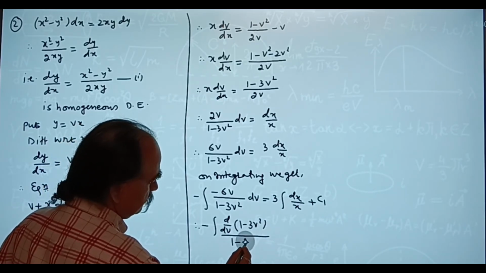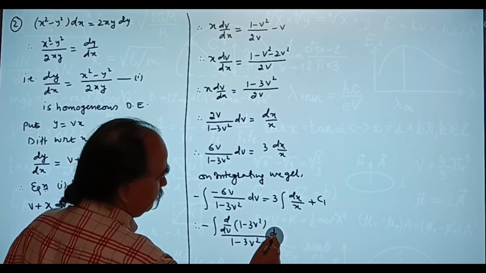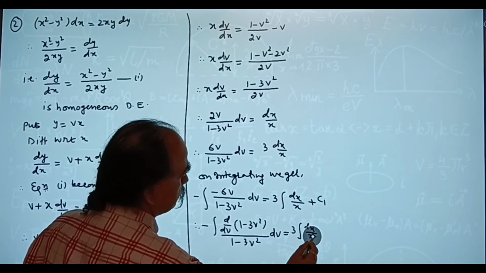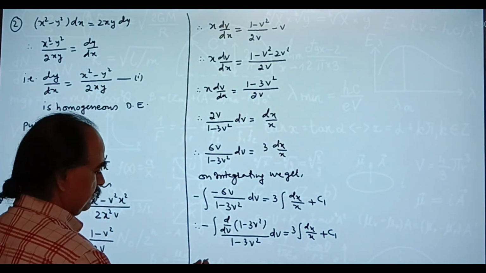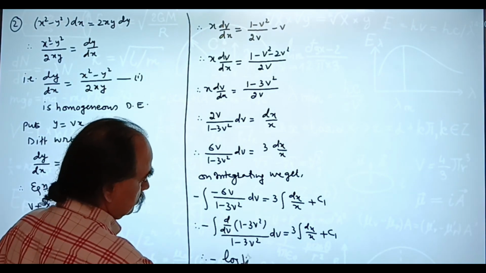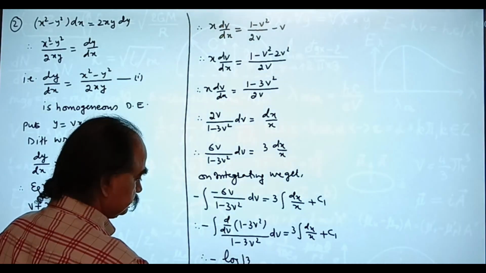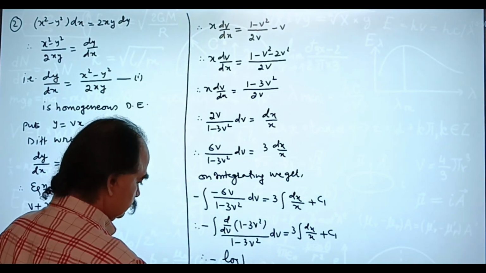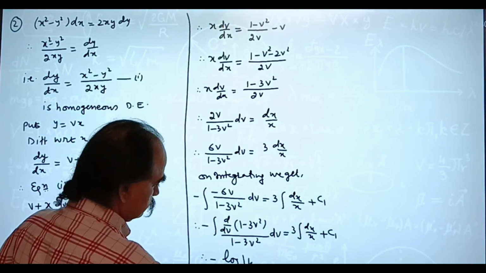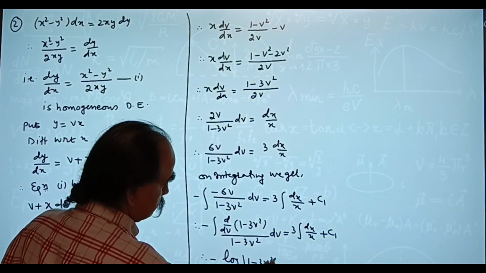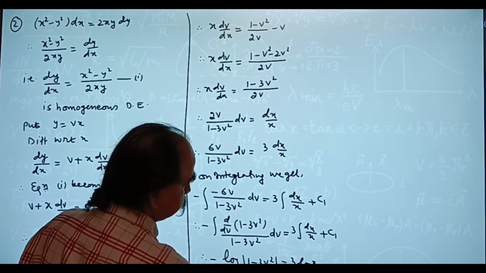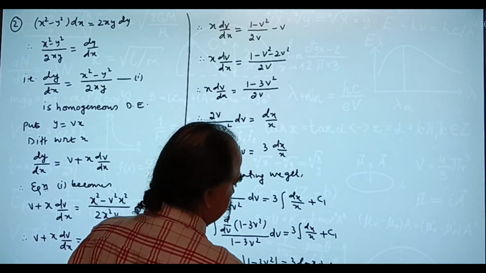Minus log of 1 minus 3v square is equal to 3 log x plus log c.